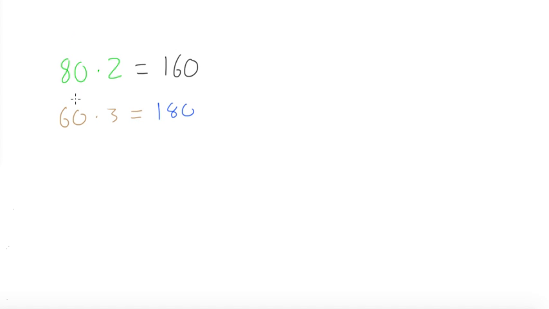So we could rewrite that as a formula: rate multiplied by time equals distance. You could reverse that as D equals rate multiplied by time.